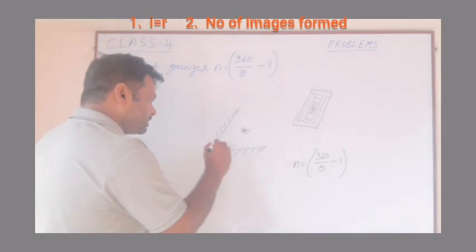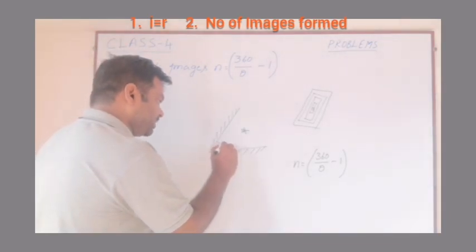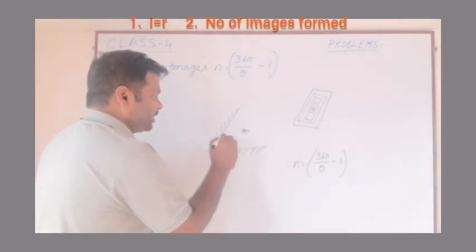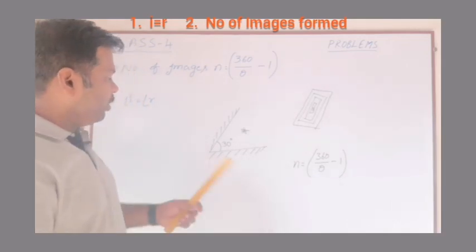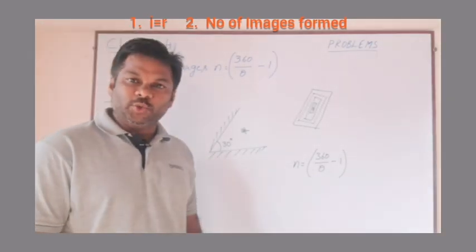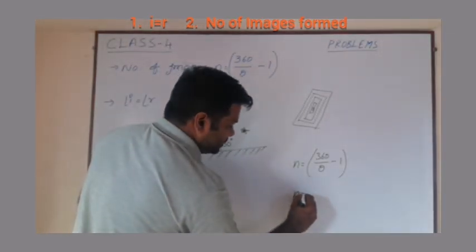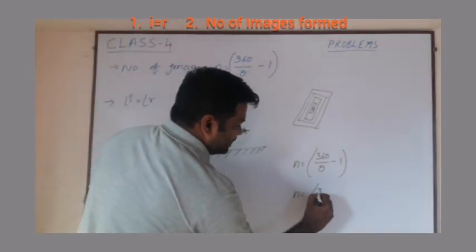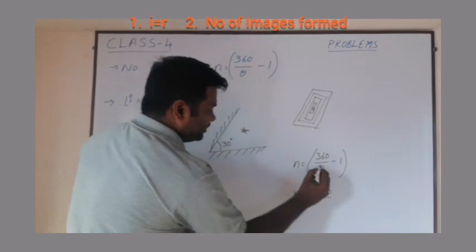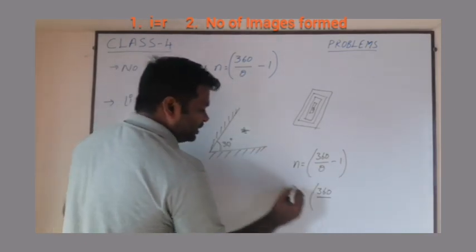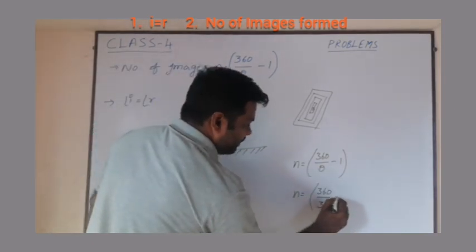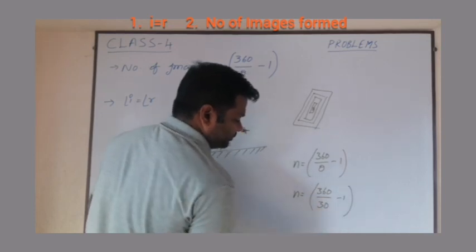If these two mirrors are at an angle of 30 degrees, then how many images will you get? Let me find out. N is equal to 360 by theta, where theta is the angle between the two mirrors. It is 30, minus 1.